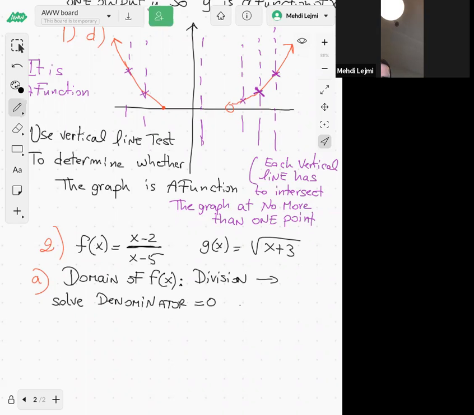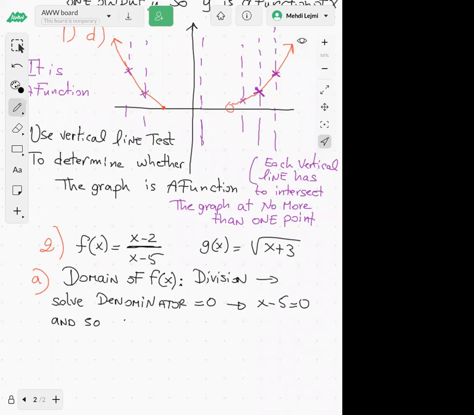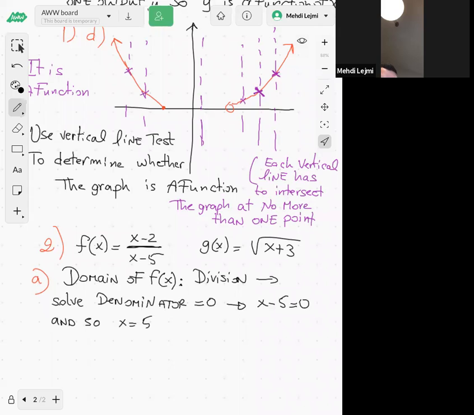So then that will be x minus 5 equal to 0, and so x would be equal to 5. So for the answer to A, we have to exclude this 5 from the domain.